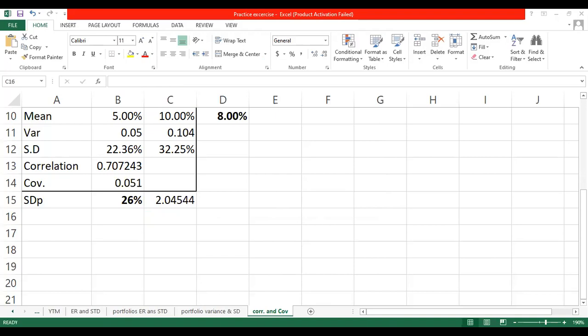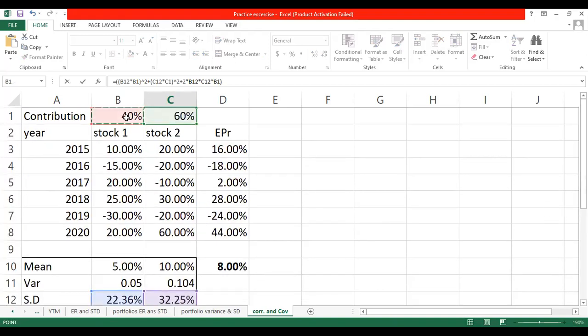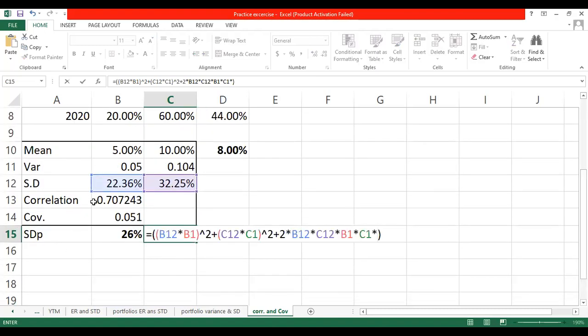Actually, I forgot to apply the multiplication. 2 multiplied by standard deviation multiplied by second standard deviation multiplied by weight 1, then multiplied by weight 2, then multiplied by, you remember we discussed about it, the correlation, and bracket close.